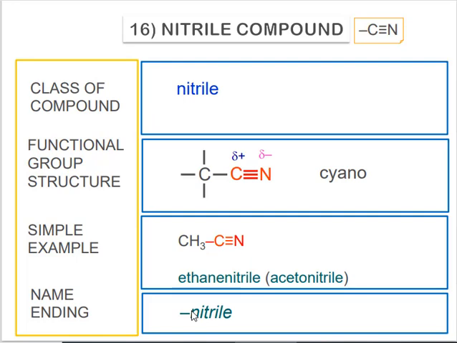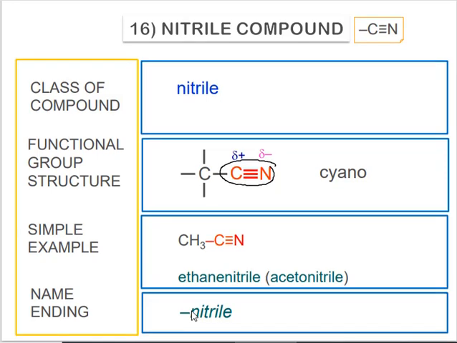Next we look at nitrile. Nitrile is formed between a carbon triply bonded to a nitrogen, C triple bond N. Nitrile is the class of compound. The name of the functional group is cyano.